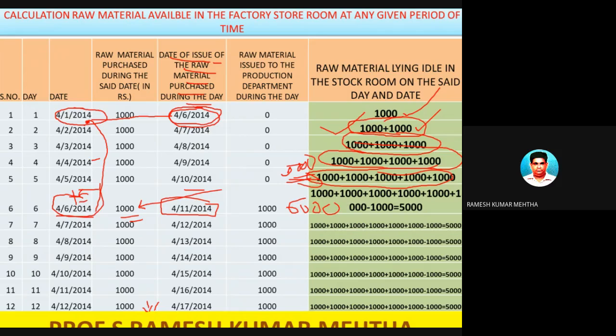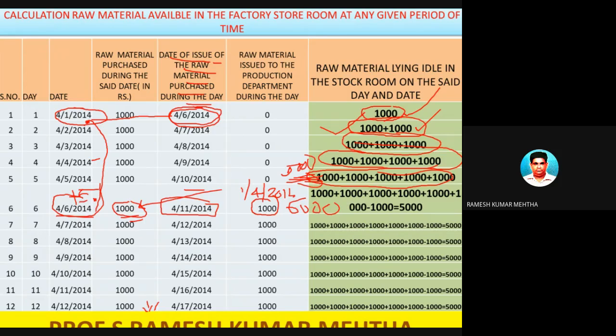Hope you have understood. So this particular raw material of 1,000 rupees is going to be issued to the production center. So look at this. The 1st April purchase is issued on 6th April. So already we have 5,000 rupees of raw material. You have purchased another 1,000 rupees, so you get 6,000.